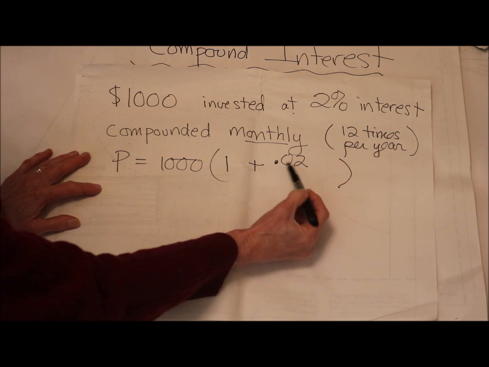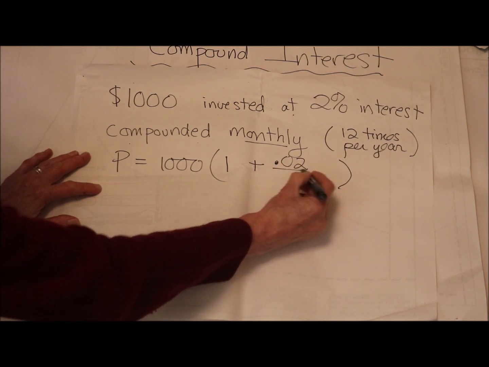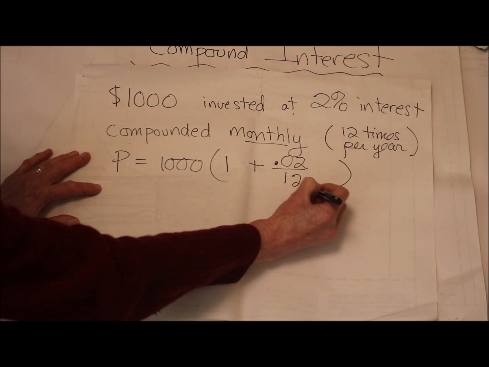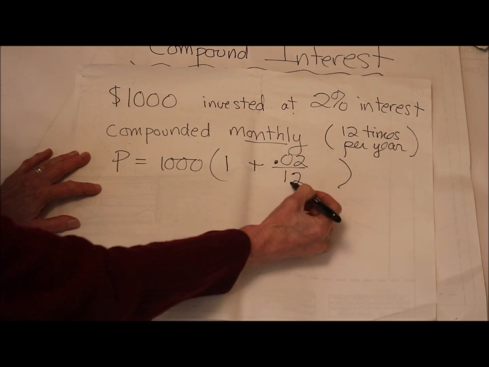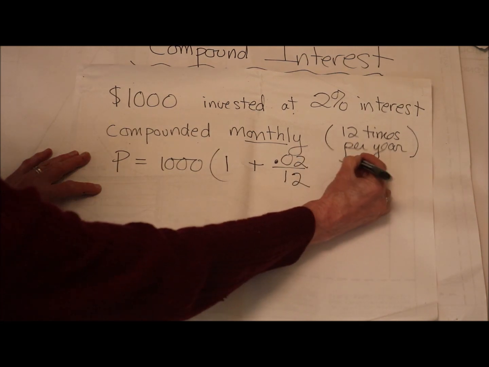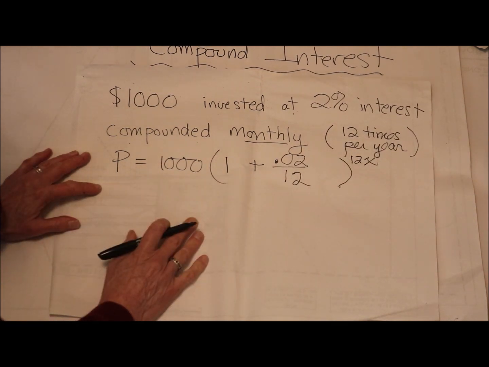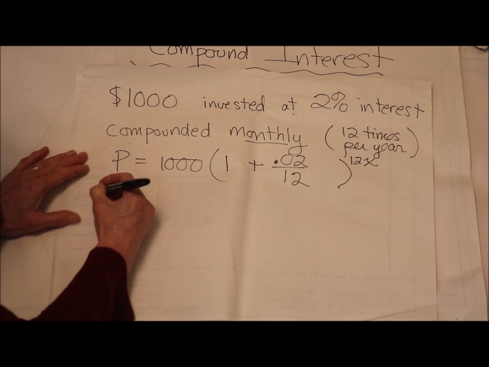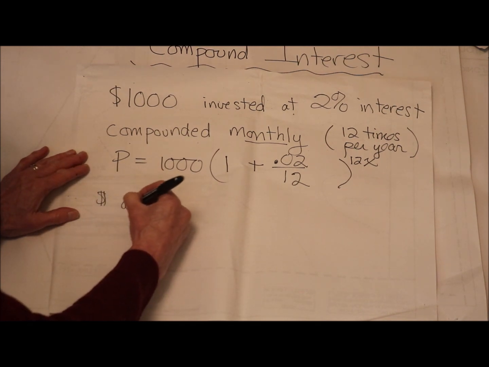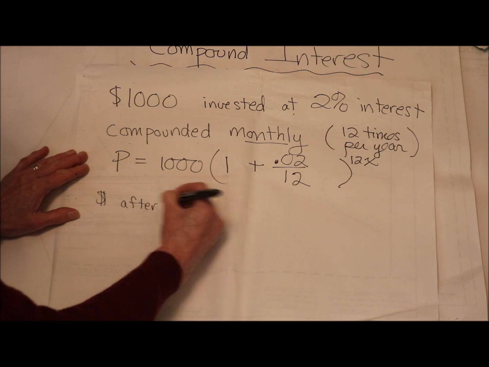So 12 times a year, I'm going to get a 12th of my interest. A 12th of my interest. And I'm doing that 12 times per year. So there's my equation.